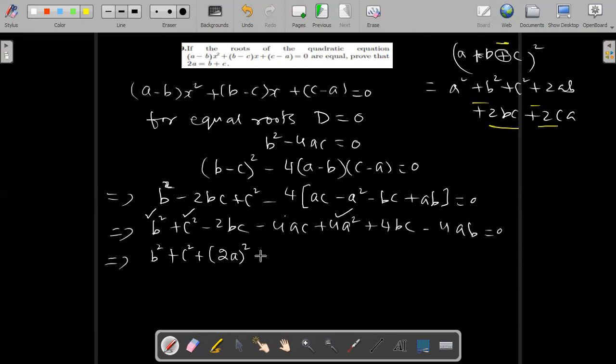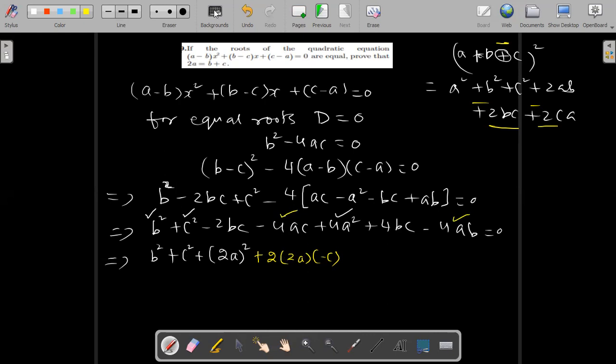Negative term is minus 4ac, which means we can write plus 2 into 2a into minus c, because c is common. In the negative term, check which is common.